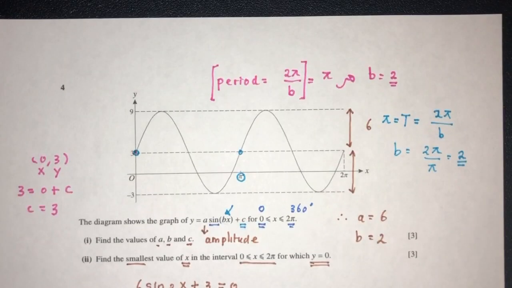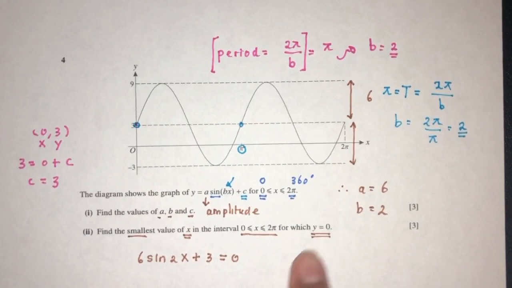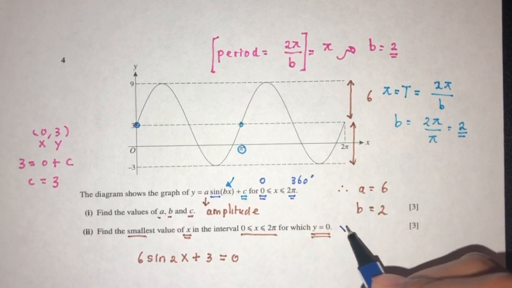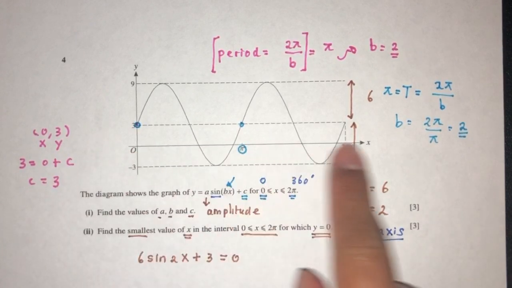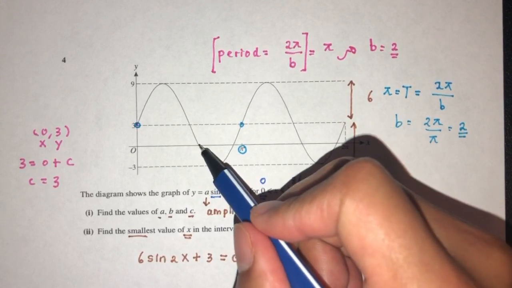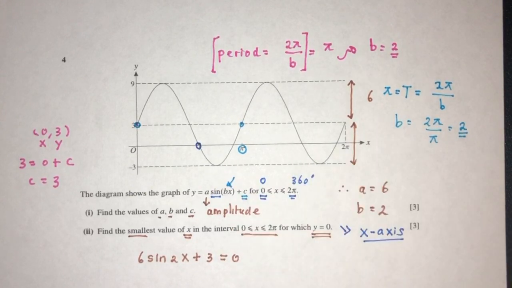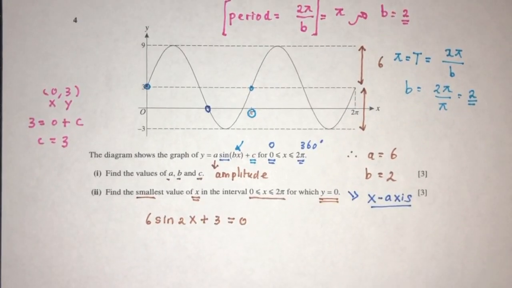Let me check also on the graph itself. When y equal to 0, we know that it is on the x-axis. So on the x-axis, the first value of x should be this one, right? We have to find that value by solving this equation. So let's try and do this.